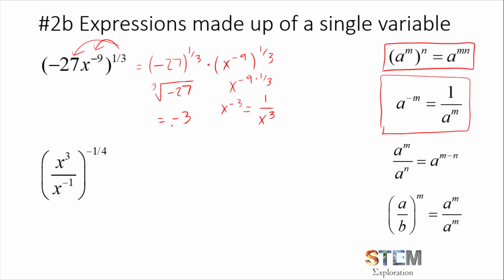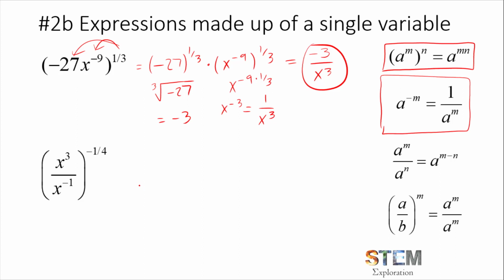So now we can take these two parts that we solved individually and rewrite it in this singular format, negative 3 over x to the 3rd power. And again, rational exponents allow you to look at these expressions in a much more simplified way so that you can rearrange them and simplify them accordingly.